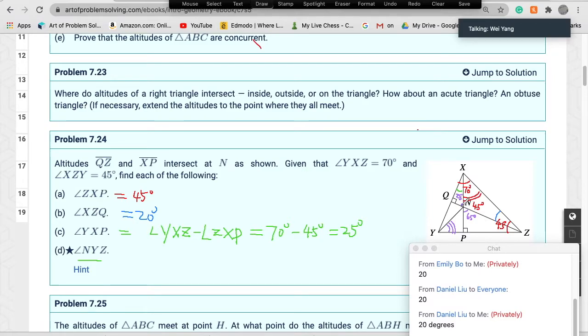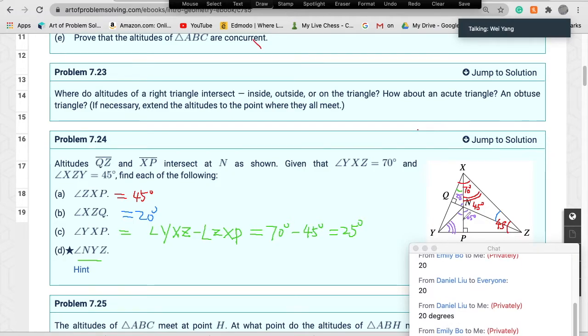This one is a vertical angle with this, so this angle equals 65. Now can we find this angle?